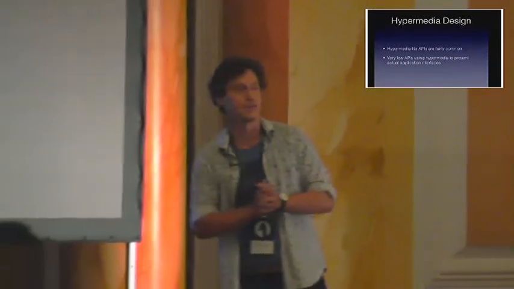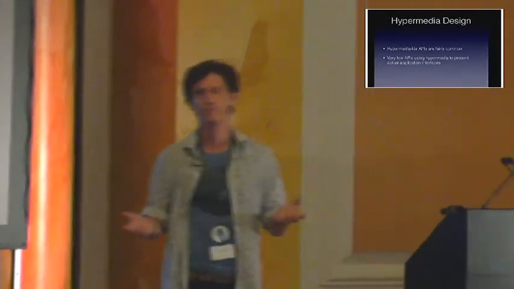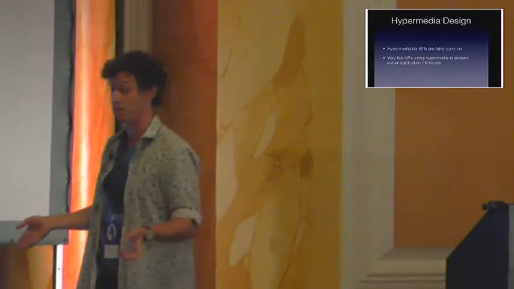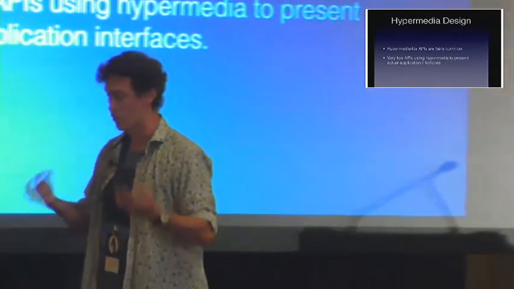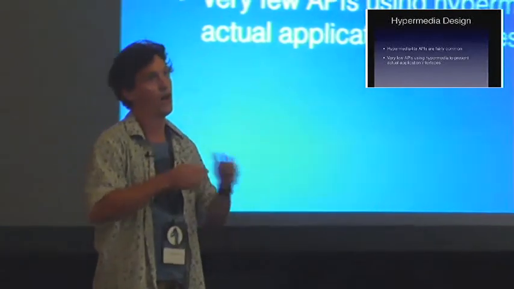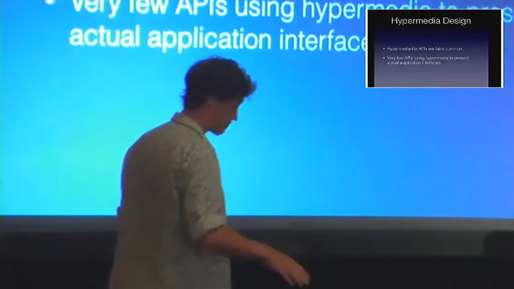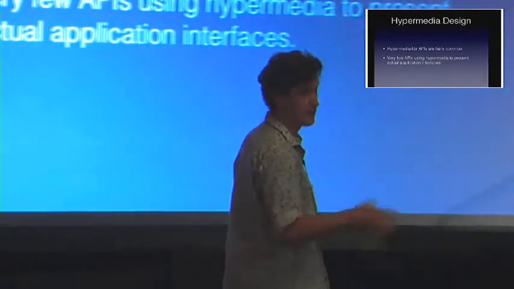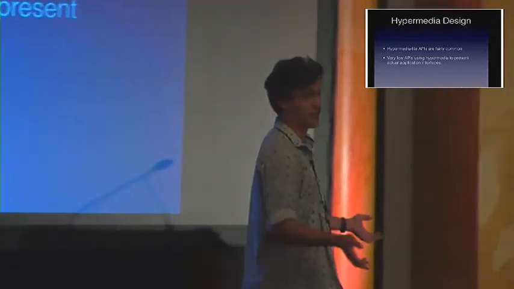However, I don't think that that is really a full use of the possibilities of hypermedia. And the reason why I believe we haven't seen a transition to a fuller, more complete, more mature hypermedia style is the lack of tooling. Because if you build hypermedia APIs and you don't already have really good tooling available for it, you're just giving your end developers more work.